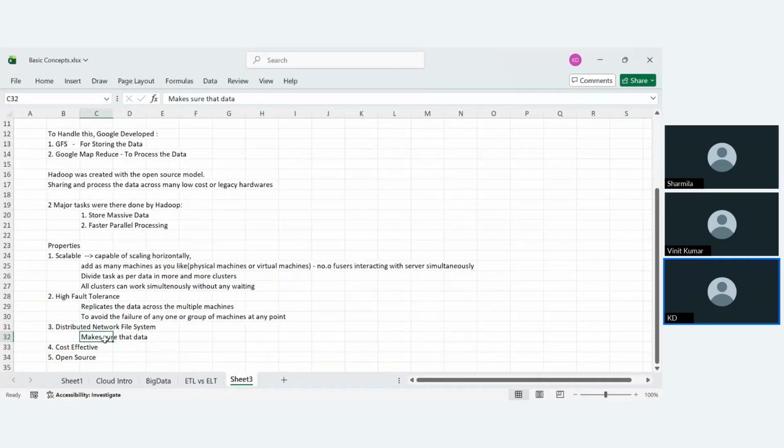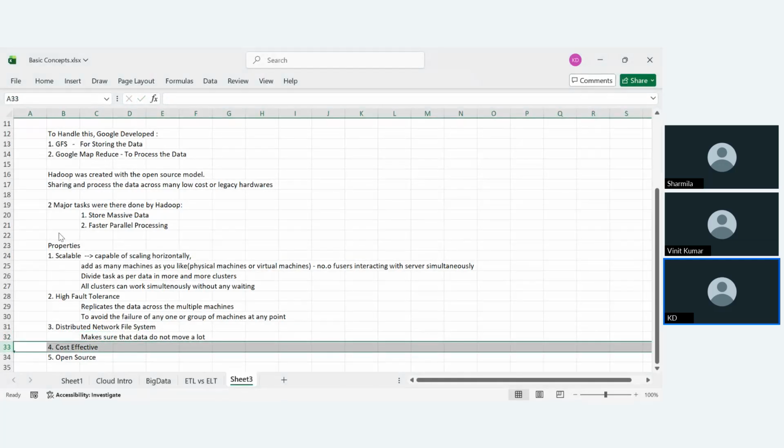Then there is the distributed network file system. The distributed network file system ensures that data does not move a lot.